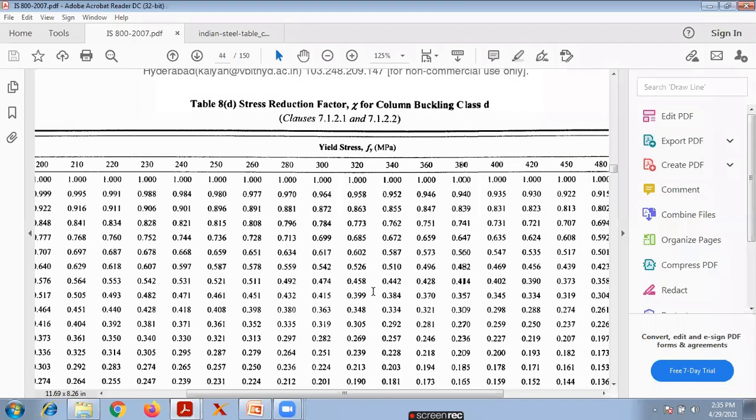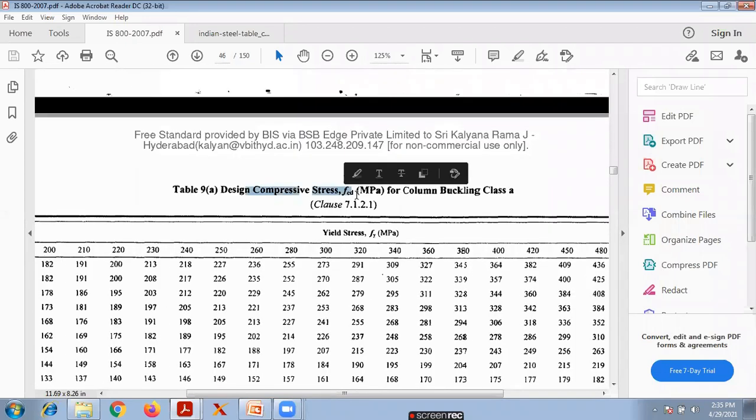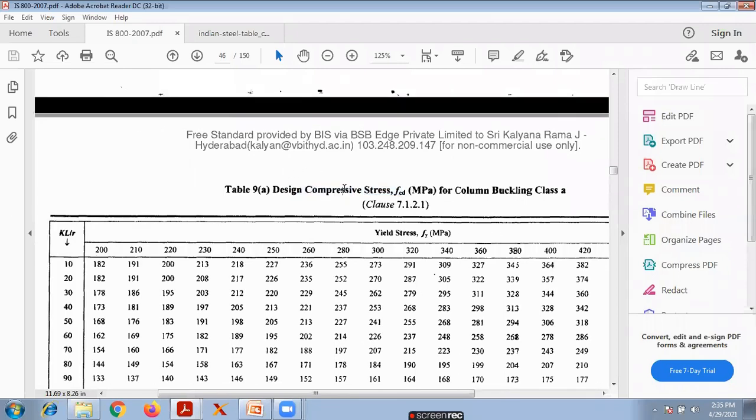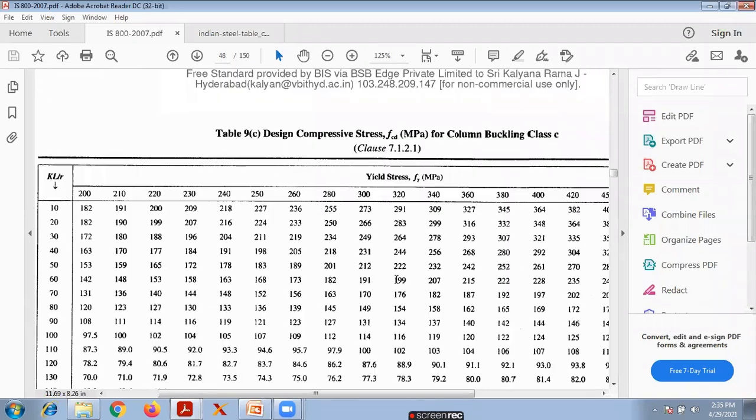Once it is finished, it will start again with design compressive stress, that is the FCD value. So again for this, we now need FCD. Okay. So for this, class A, class B, and class C values are there. You see, now we need compressive stress FCD, table 9C, class C. It is suitable for us.